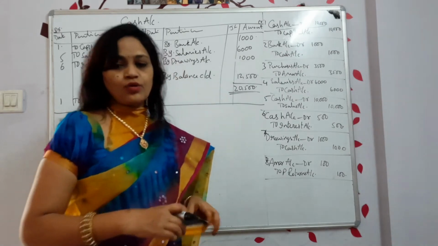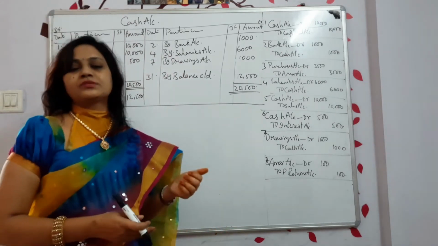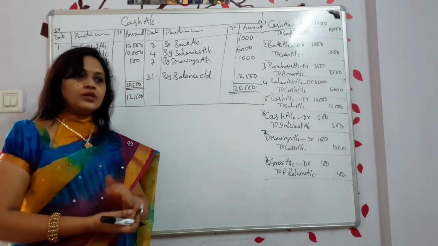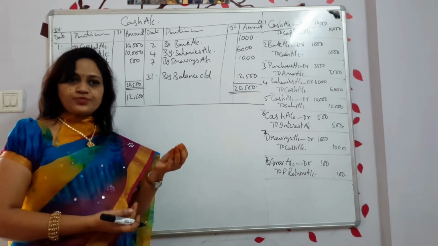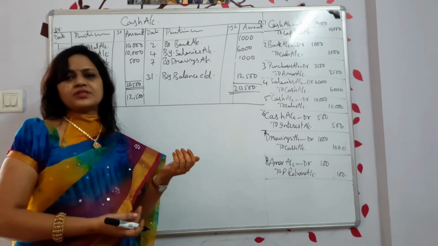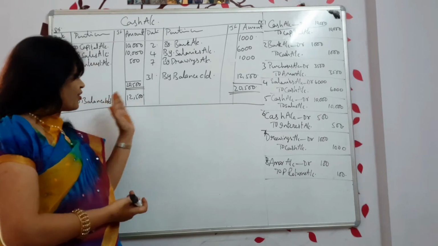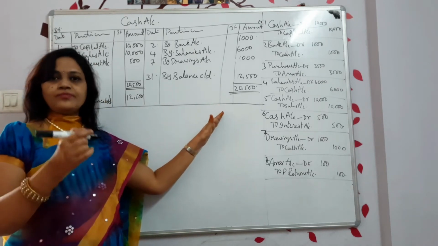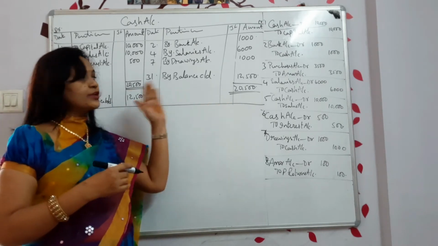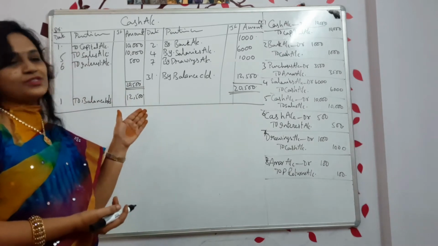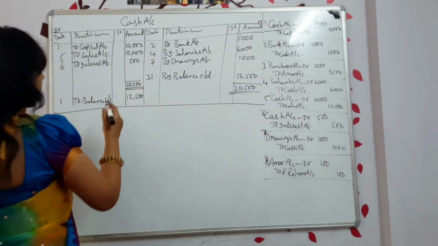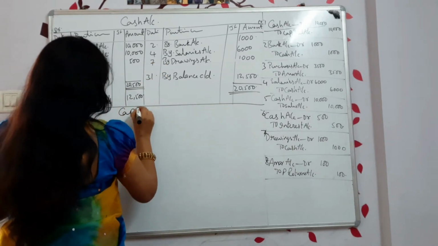NCERT says there is no need to balance the ledgers, but once you go to the cash book, petty cash book or financial statements, you have to balance the accounts. So why take the risk at that time? That is why I am explaining now how to balance the accounts. Clear? So now we are preparing the capital account.